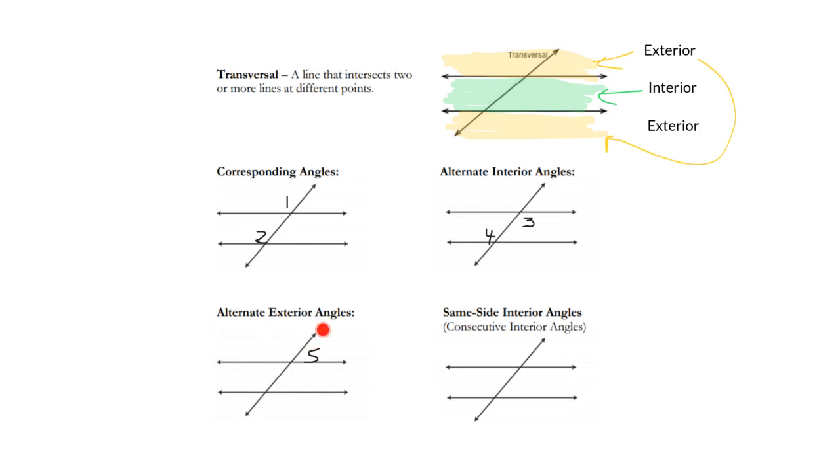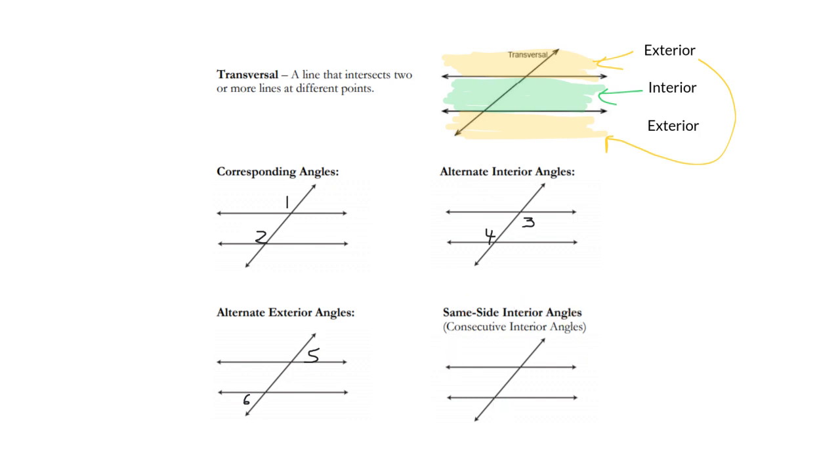So if this 5 is on the right side of the transversal, we need this angle here, which is on the other side of the transversal, to be what we label 6. Okay, so these are alternate exterior angles, 5 and 6, because they're on different sides of the transversal and they're on the exterior.